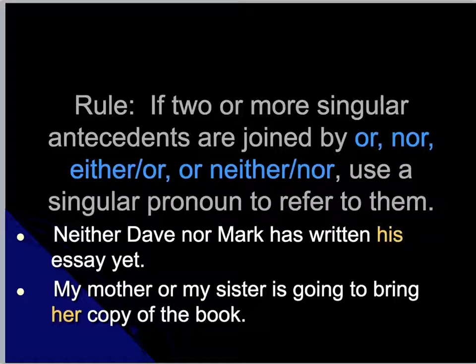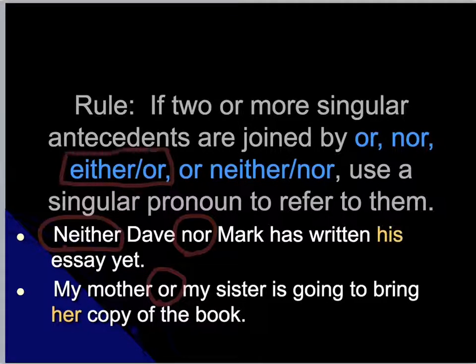We'll have or between the antecedents, or we'll have the word nor between the antecedents, and sometimes nor will be accompanied, as it is in the first example, by neither, or it could be accompanied by the word either, in the case of or. I'll refer to these as the either-or, neither-nor combinations.